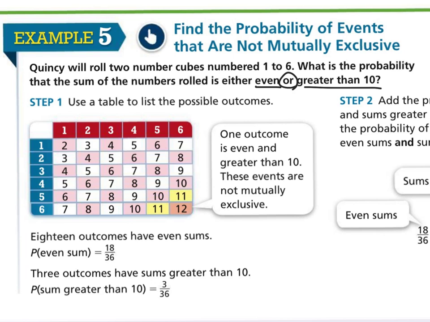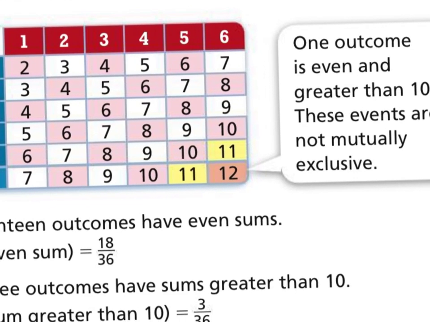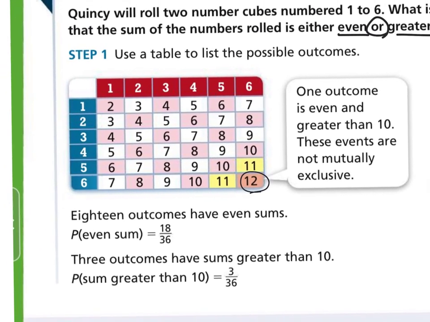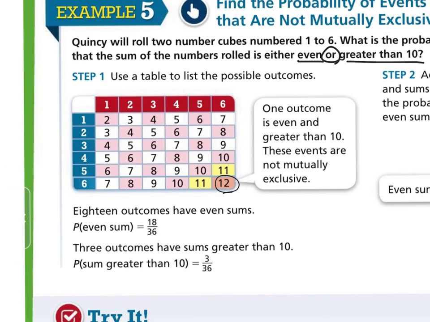So again, they've got their table here with all the sums. Evens, they highlighted in pink. Greater than 10, they highlighted in yellow, except if you'll notice this corner is a different shade. The reason that's a different shade is it fits in both groups. It's even and it's greater than 10. So basically you just have to make sure you don't count that same one twice.